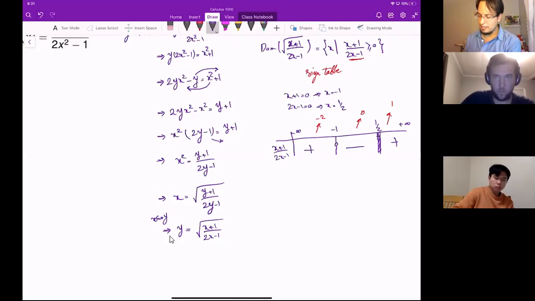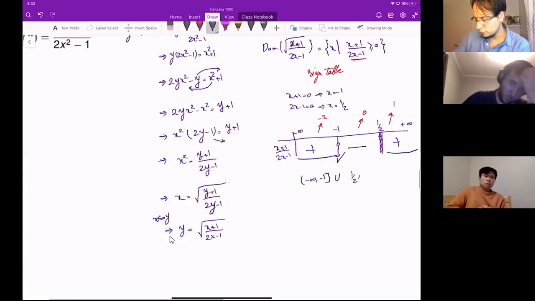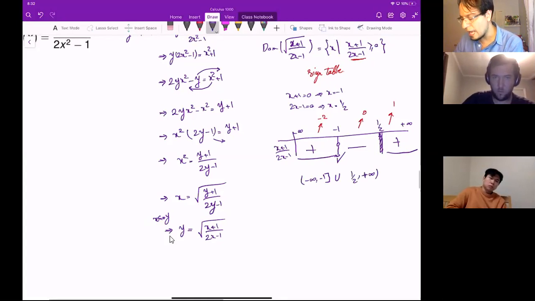Now that we have that, we are interested in just the positive sides or the 0 side. And that's what we have. In terms of the interval, this will be negative infinity up to negative 1. Do I include negative 1? Yes, that's all right. Or from half to plus infinity. Do I include half?